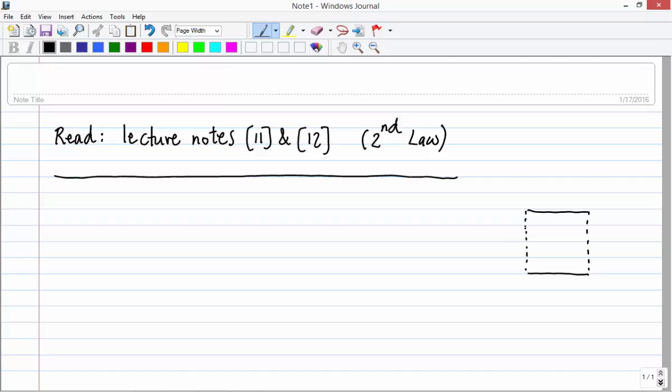So let's imagine that this is like a control system. We have all types of energy, everything is going on. I have mass going into my system, I have energy going into the system, and I have mass leaving the system and energy leaving the system. These two energies will be carried by mass.